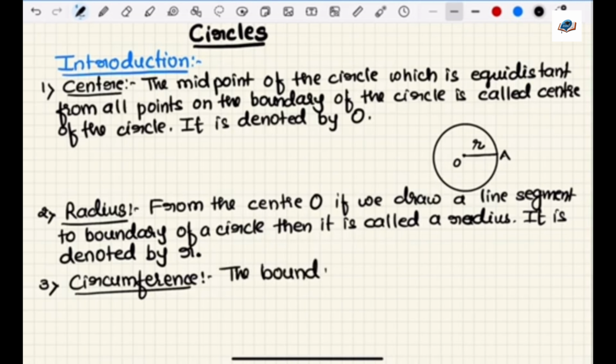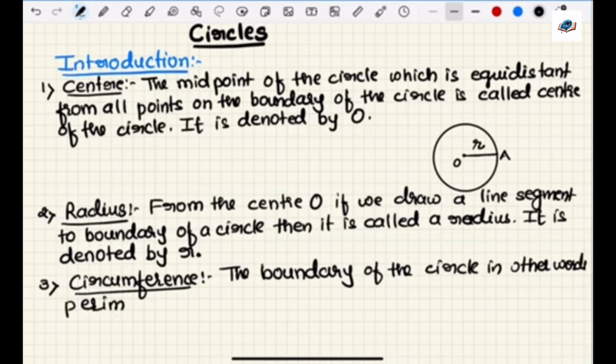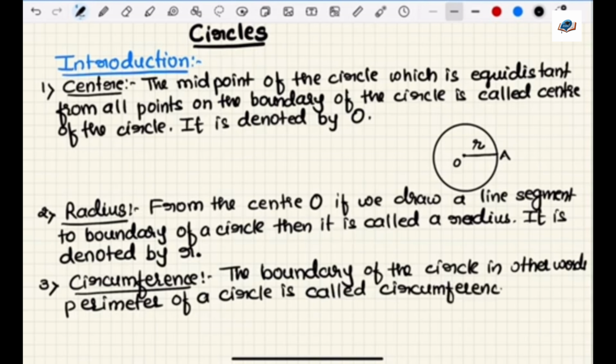The boundary of the circle, in other words, perimeter of a circle, is called circumference. It is denoted by capital C.